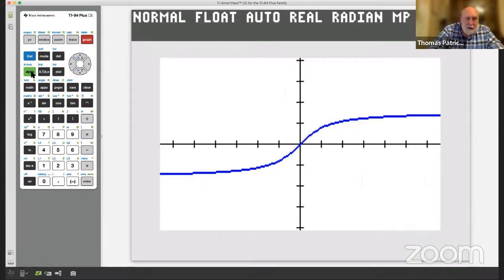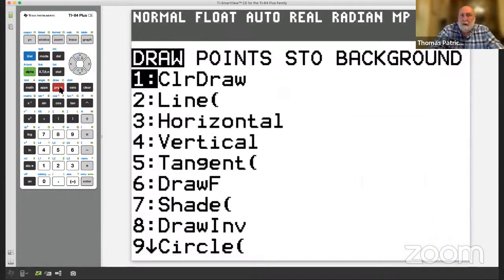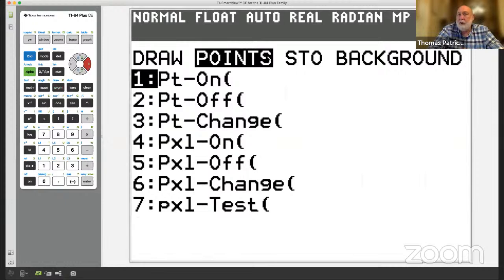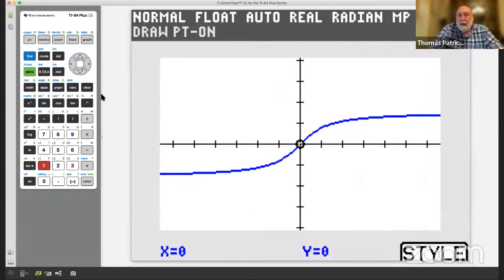Let's see, our draw menu is right here. And we're going to plot some points. A point on, that's the one we want. Let me just do a 1. And now I can move my cursor over, and if I hit enter, it'll plot a point for me.